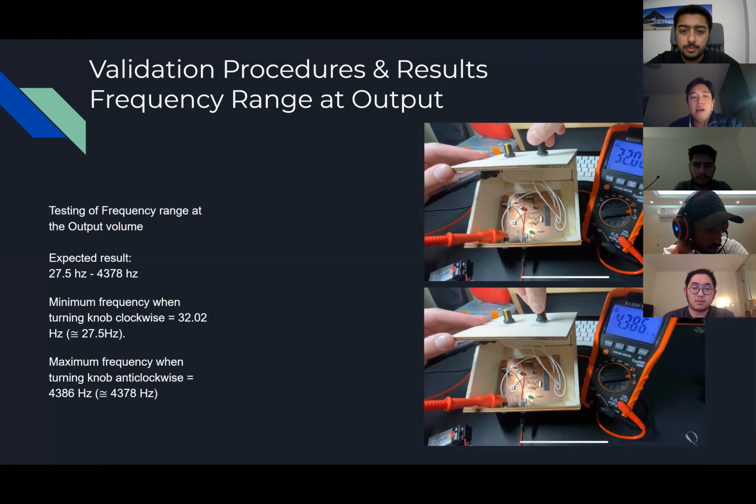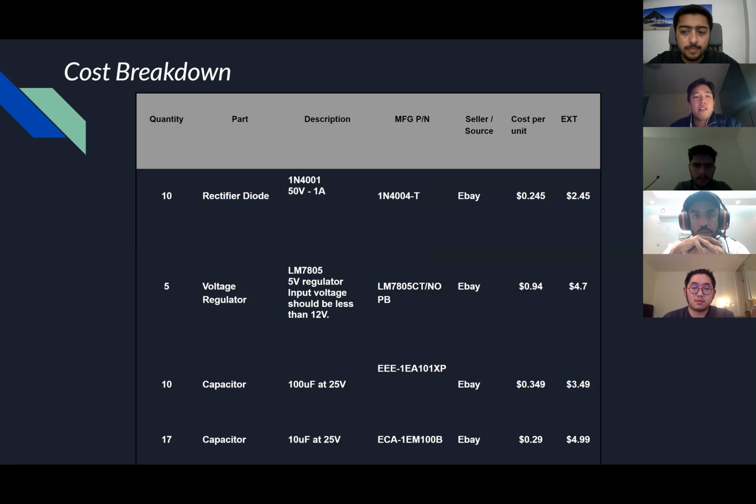This is the minimum frequency that we hit. And when I turn the frequency knob anti-clockwise, I hit the maximum of 4,386 Hertz, which is very close to 4,378 Hertz. I think this is slightly different, but it doesn't affect the output. So this test passes.